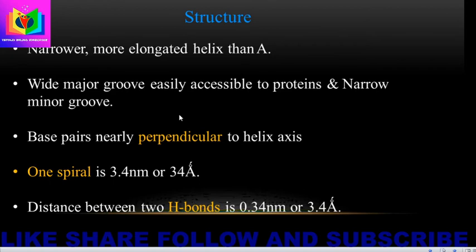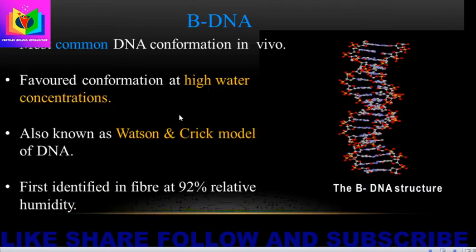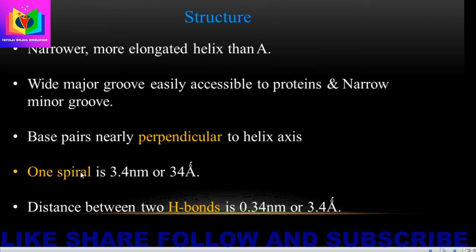The base pairs are perpendicular to the helix axis. As I told, one spiral is 3.4 nanometer.